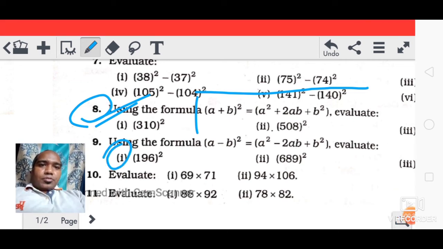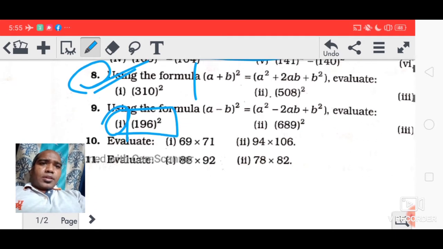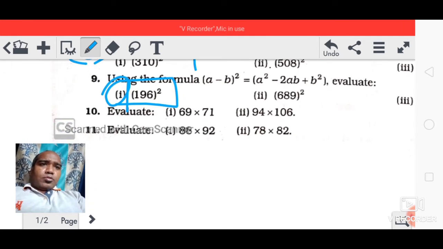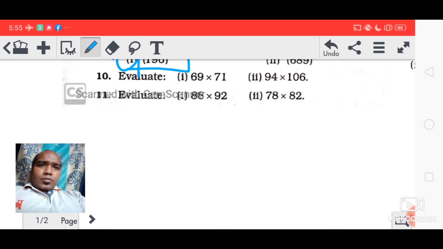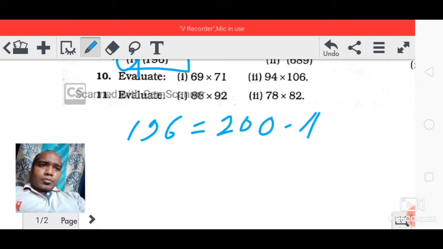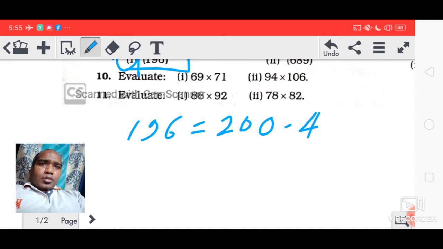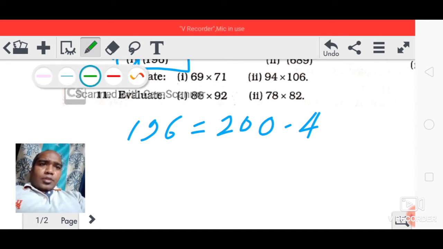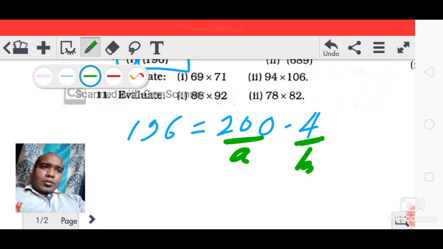So the first question we are going to do is 196 square, using the a minus b whole square formula. Okay, so 196, what can we write? Can we write 196 as 200 minus 4? Where 200 we can consider as a and 4 we can consider as b.